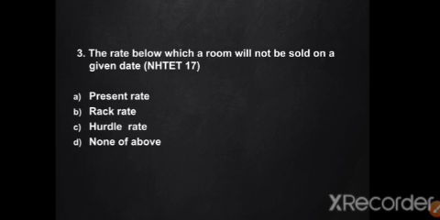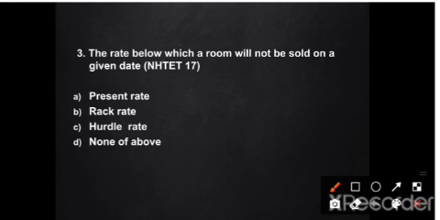The options are A. present rate, B. rack rate, C. hurdle rate, D. none of the above. So the correct answer would be C, hurdle rate, below which a GRE or a front office attendant cannot sell the room for that particular day. We already know there is a calculation made, after which a room rate is decided for a particular day depending on various factors.